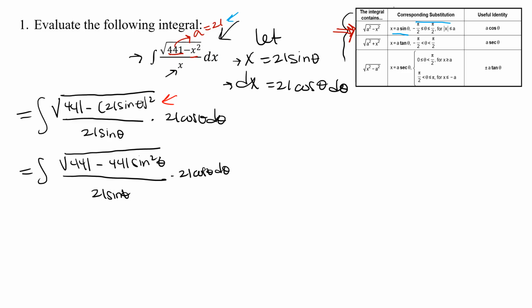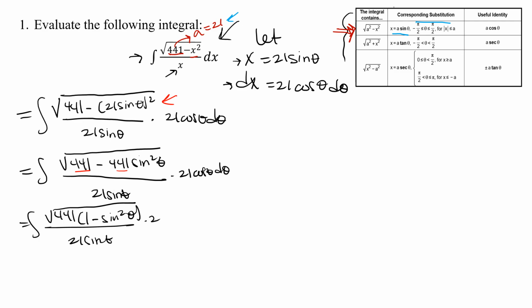Okay? Well, if you notice under the radical, we have a 441 here and a 441 there. And what we're going to do is factor out a 441. So we end up with the square root of 441. Then we have 1 minus sine squared left over. So we now have that under the radical.